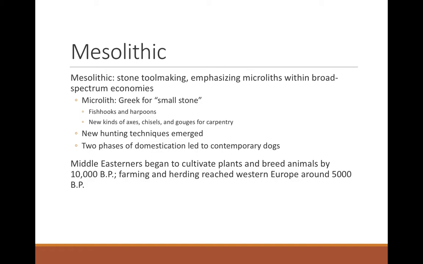So that's this third bullet point here, that we've got two phases of domestication that led to contemporary dogs. Dogs were domesticated very, very early, roughly 40,000 years ago for the origins of dog domestication. But during the Mesolithic, we see the second phase emerge where we really start to differentiate among types of dogs.